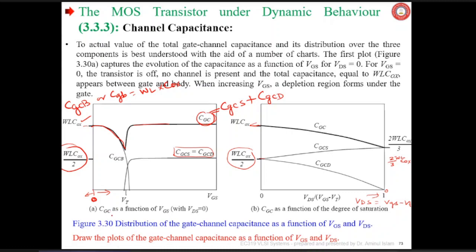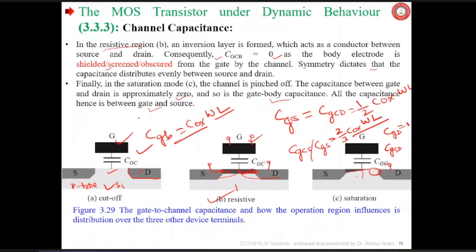This is what happens when you put VDS equals to 0 and you increase the gate to source voltage VGS. VDS being 0 means the MOSFET is going to be in the linear region, and the channel will be parallel, the inversion layer like a rectangular shape.